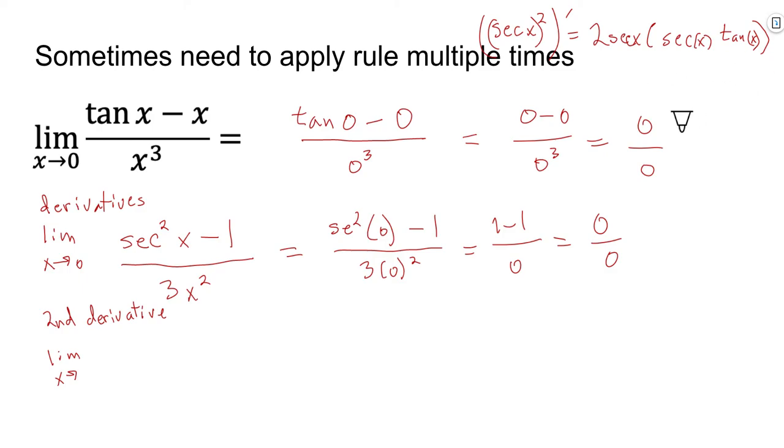So we've got all of that. That's what that's going to be. So we'll write that here. So you've got secant x, secant, so it could be 2 secant squared times tangent.